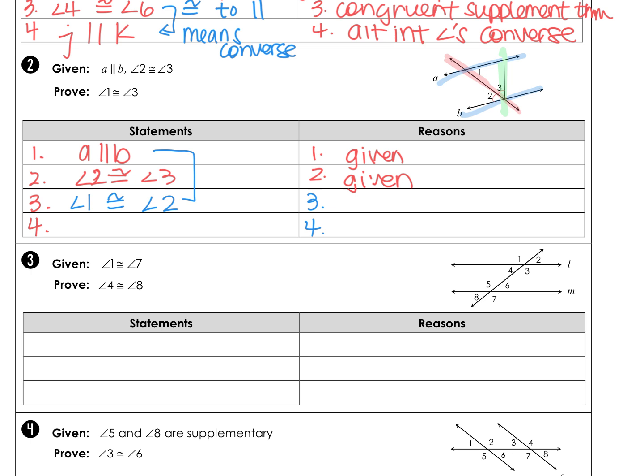In this proof, we went from parallel to congruent instead of from congruent to parallel. That means definition. So our reason is just going to be alternate interior angles. No converse.